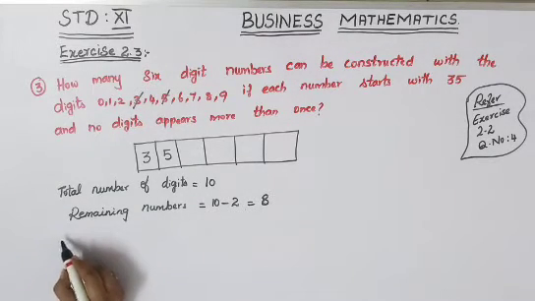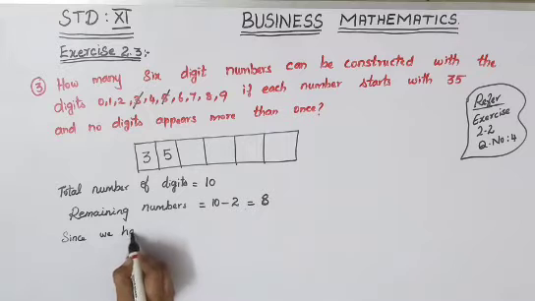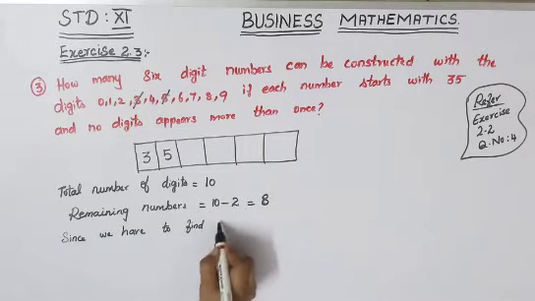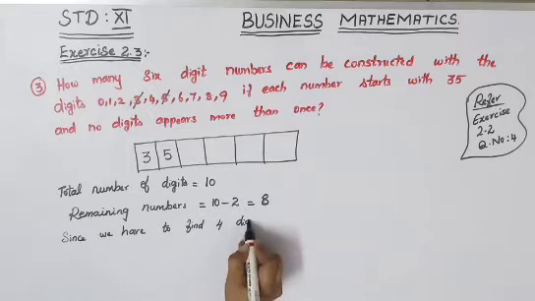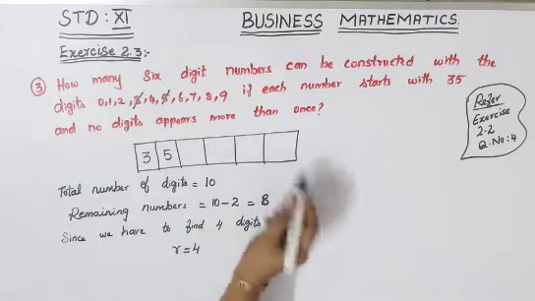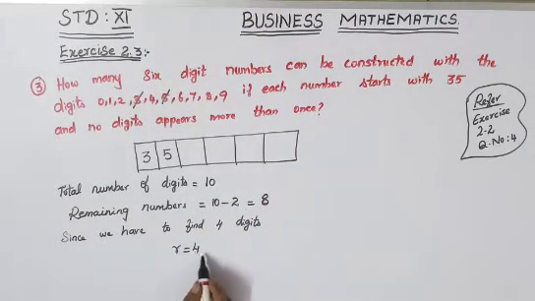So since we have to find 4 digits, you can give R is equal to 4. So 4 digits you will have to find.